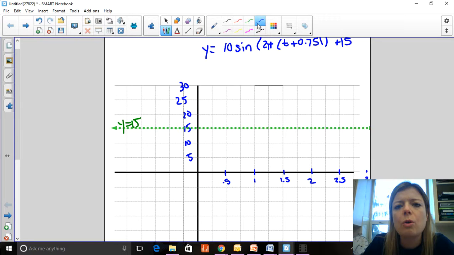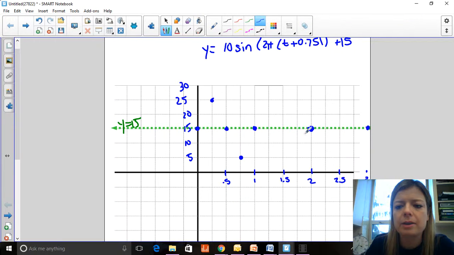Okay, and I know that this is a sine curve. It has not been shifted, and I'm not going to apply this yet. So I start on the axis, and after one full cycle, I end on the axis, and I'll also be at the axis halfway in between. Okay, in between my first two axis points, I hit my maximum, and in between my second two, I hit my minimum. Okay, and this cycle continues.